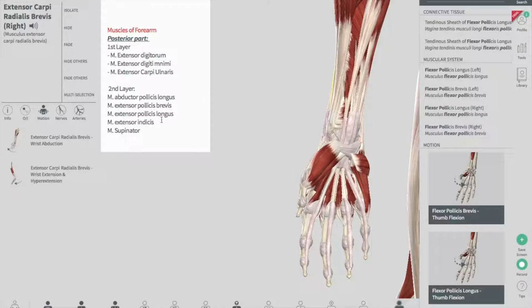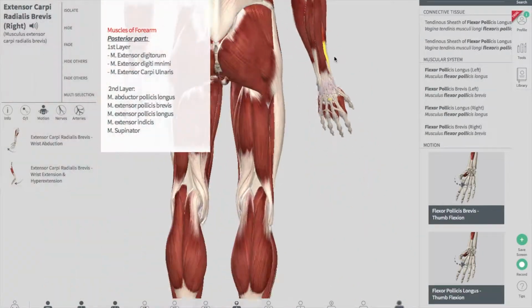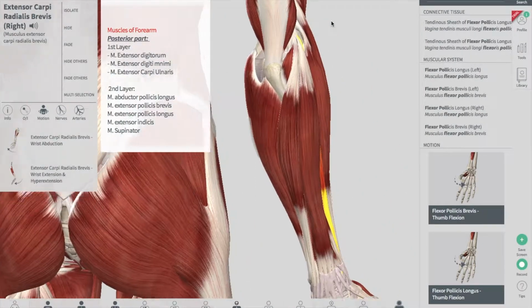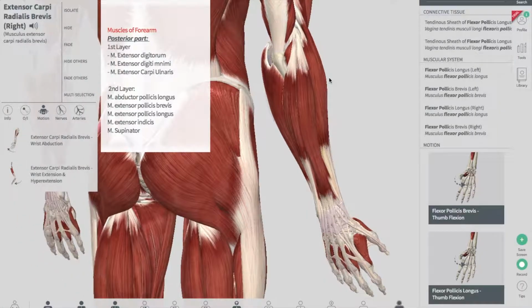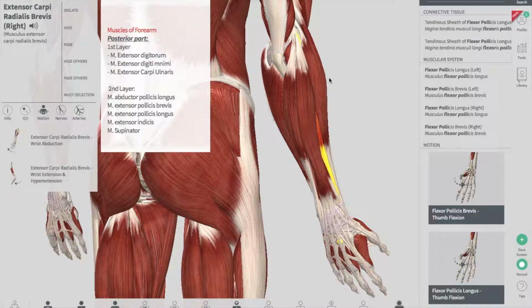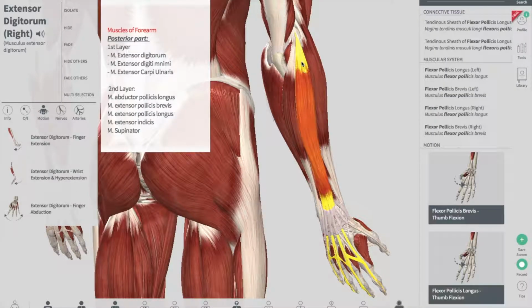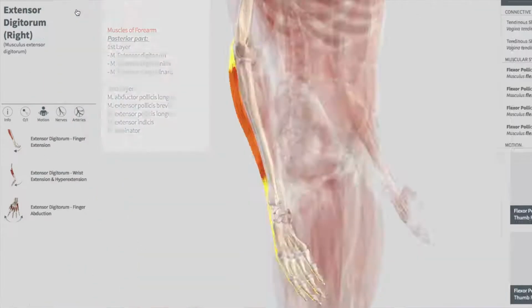That's going to be also divided into 2 groups, the first layer and the second layer. Okay, here's the posterior group. So the first muscle is extensor digitorum. Extensor digitorum is here, and it's quite a big muscle.